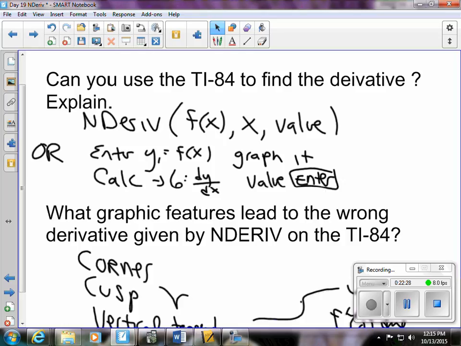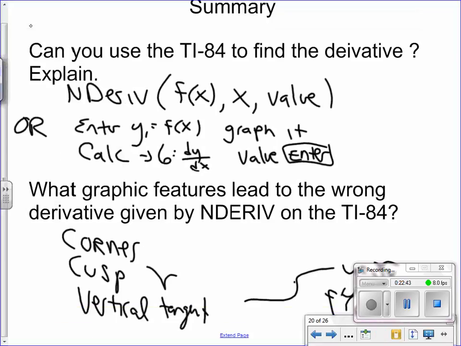It'll only give you the derivative at a particular x value. It will not tell you the rule for the derivative, just the value. You want to be familiar with both. Most people use nderiv because you don't have to graph it first. And remember that the calculator will usually give you a wrong answer if you're asking for the derivative at a point where it's non-differentiable, where you have a corner, cusp, or vertical tangent. So just be aware of that.